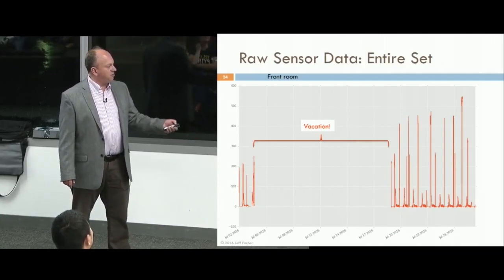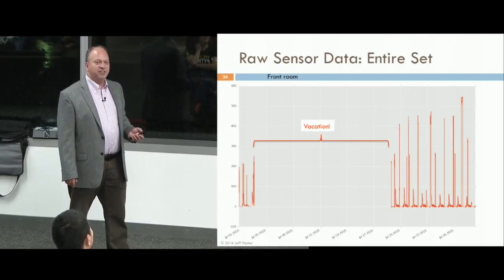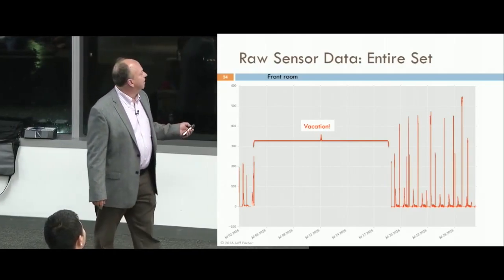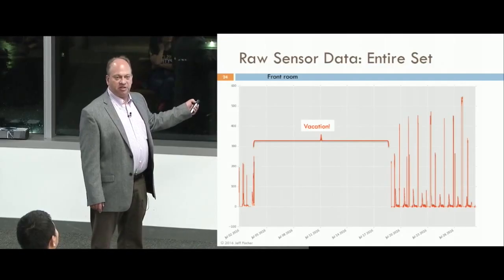And you can see there's a very regular pattern to the data. Yes? What is the y-axis? So this is the Lux level reading coming out of the sensor. So that's 600 lux, whatever lux is. And 0 is where the room's completely dark. So this would be bright sunlight or a very bright flashlight shined on it.